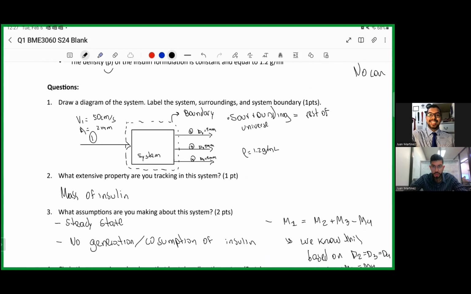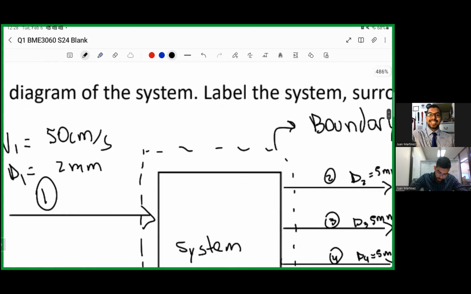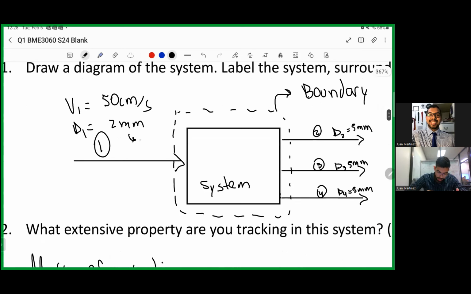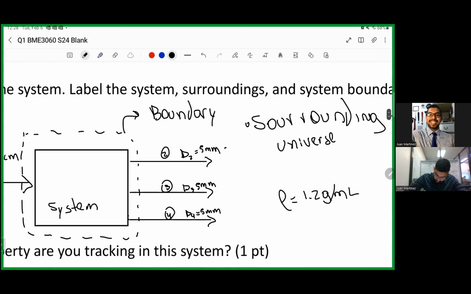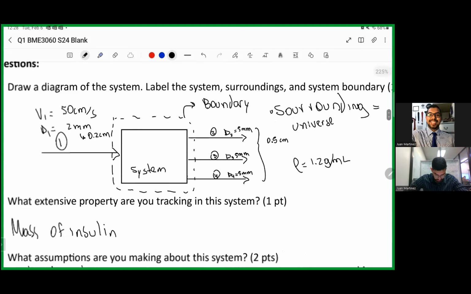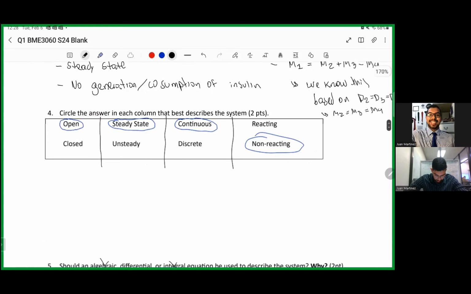So if you do your math and the units are not correct, you might not get the right answer. So we know that 2 millimeters is equal to 0.2 centimeters. So that will be 0.2 centimeters. The same with this. All this will be equal to 0.5 centimeters, just to state that, okay?